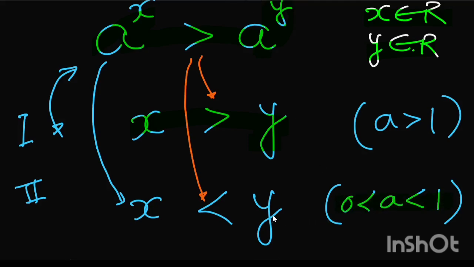In that case, if you are removing a, then x and y are related by the opposite sign of the inequality. See here, initially it was greater, now as you can see, it is less than. Okay. So this is the basic logarithmic inequality or exponent inequality result.